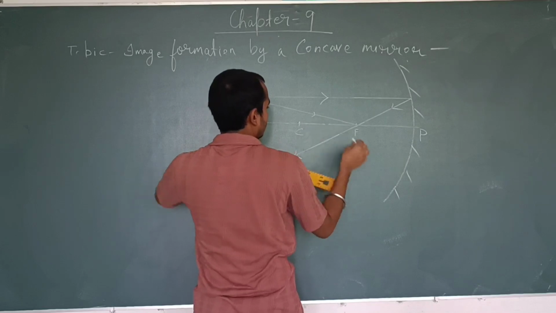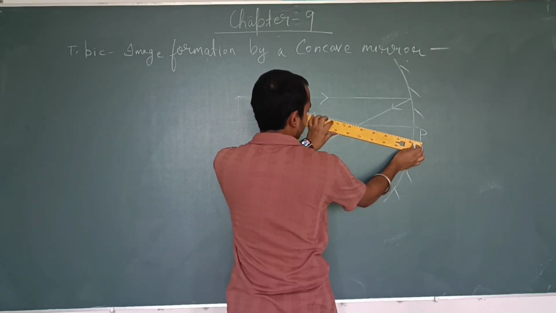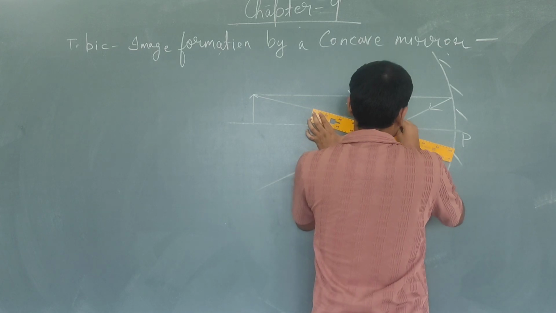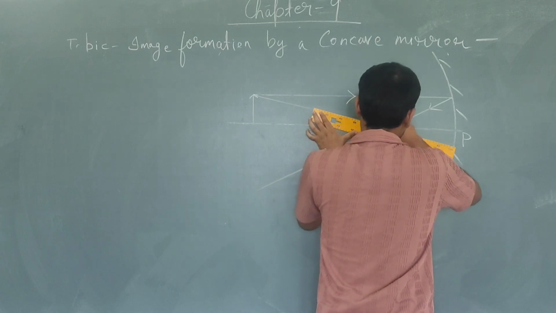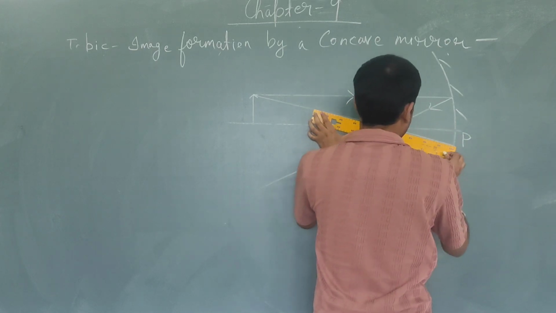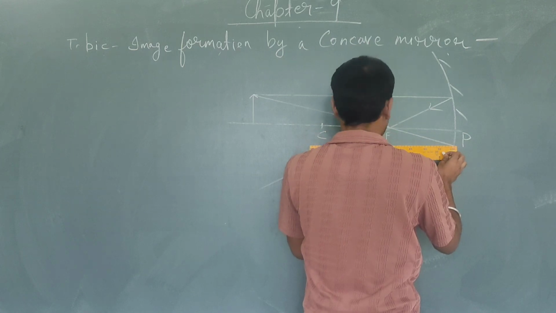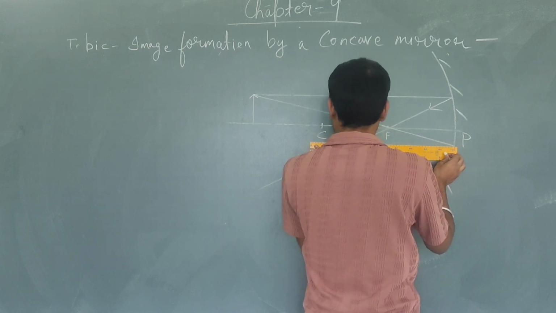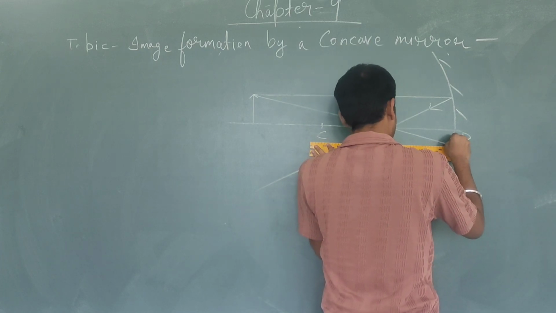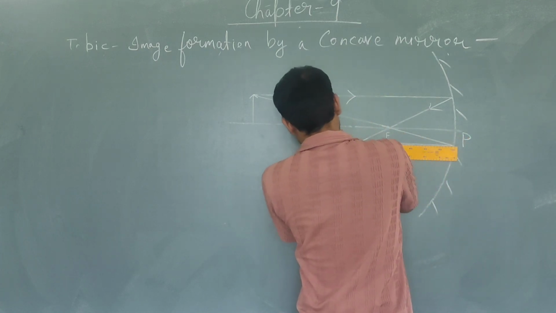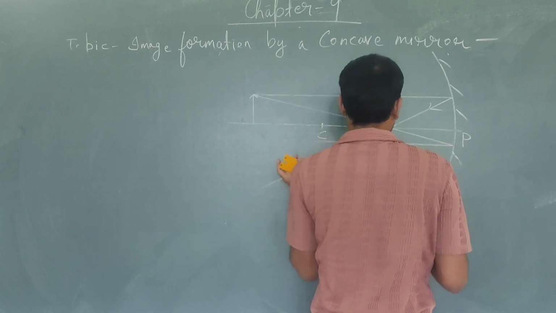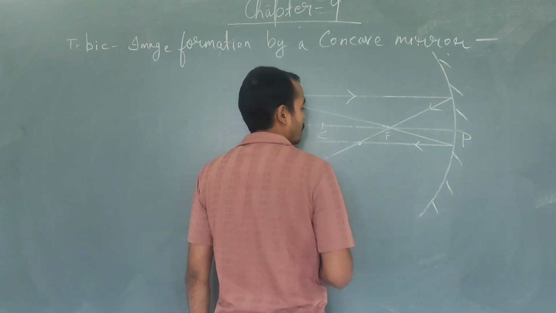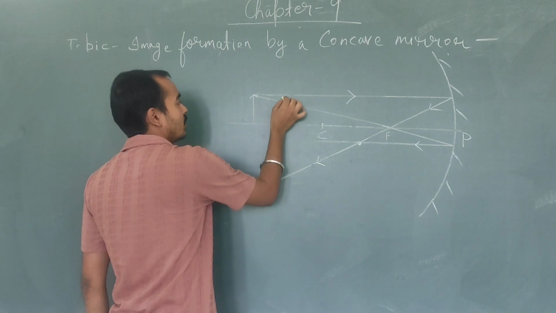Okay, so it is crossing through the focus. So now it will go parallel to the principal axis.